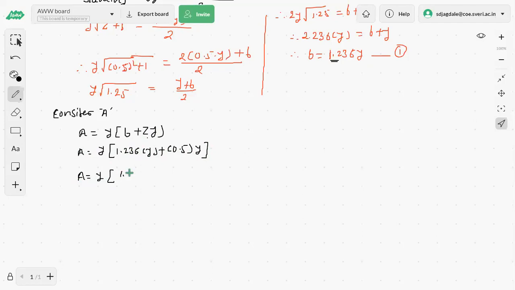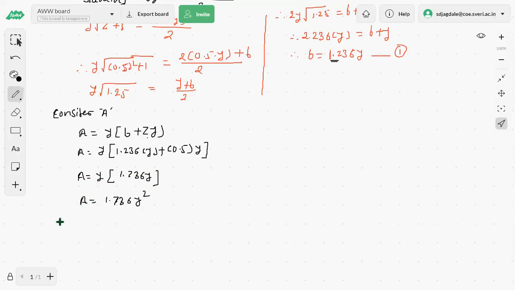So write down that A is equal to 1.736 y square. I have taken this y outside, or I have multiplied it by the given value of y. Now they have given us A as 40.